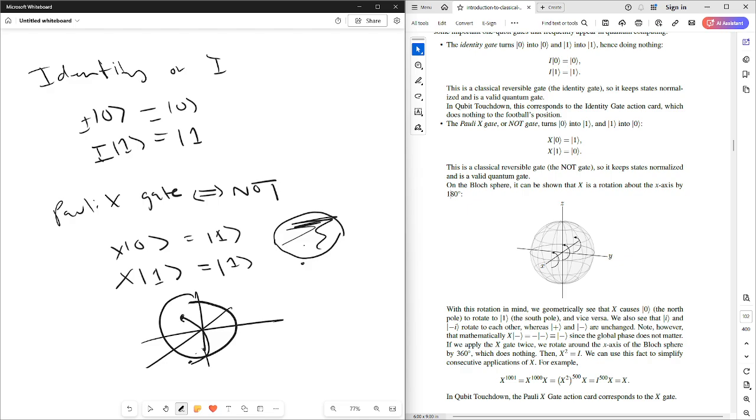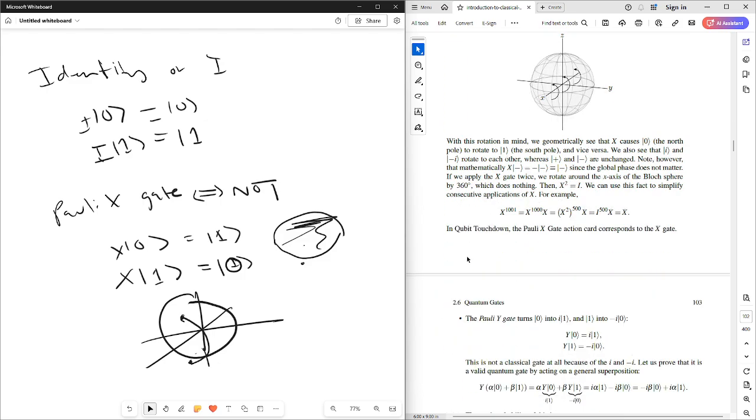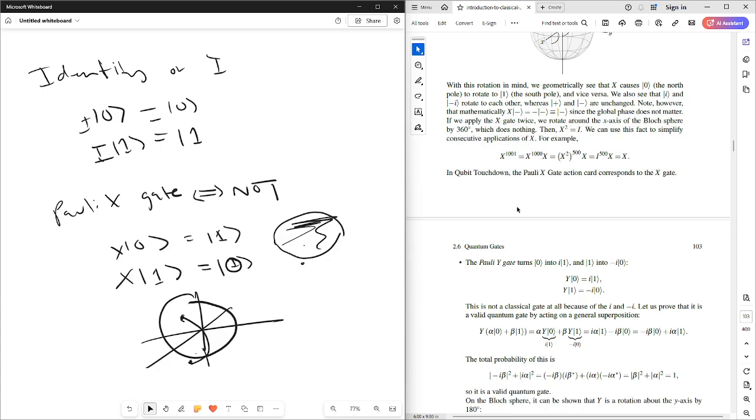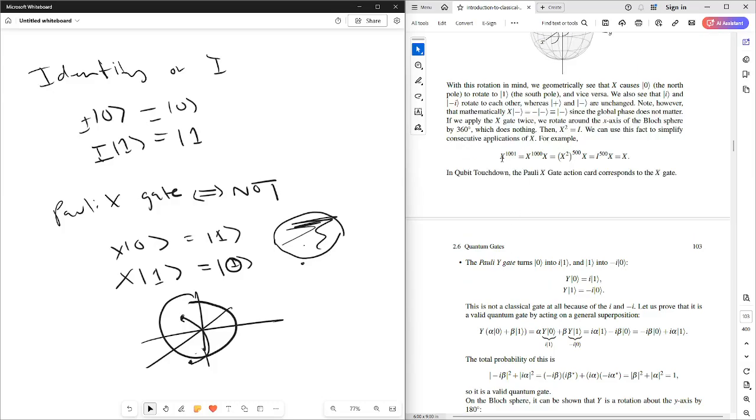Now it's here. And we have, oh, sorry, that's not right. That's a 0. Okay. We have flipped the state. Double X gate does nothing. It just returns us back to where we were.